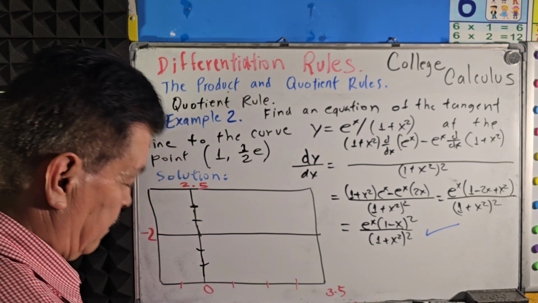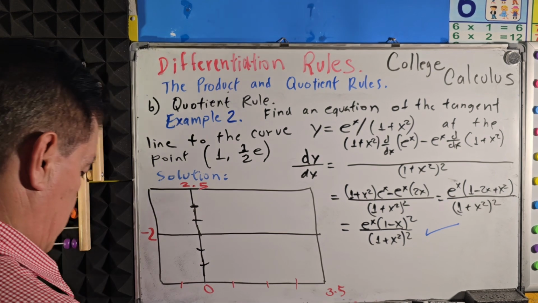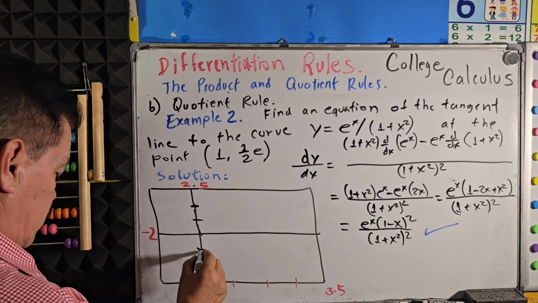Then let's make the graph. The graph is running like this, crossing right here.